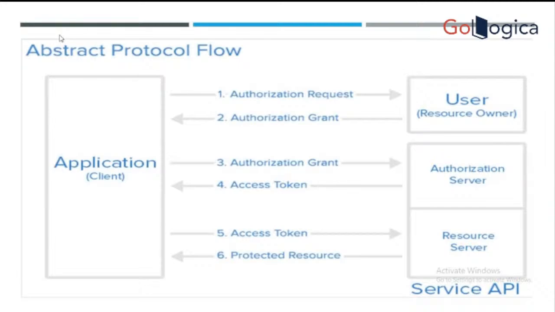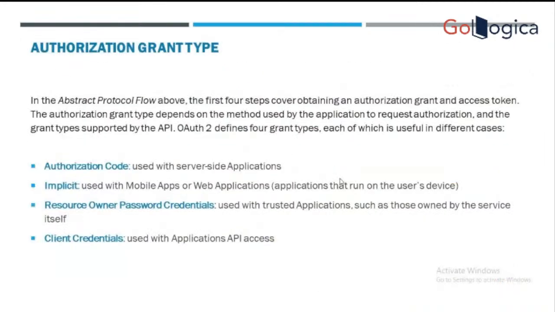Now the things come to the authorization grant. What grant is supposed to be required or responded with, or you can say what type of grant an application requests from the authorization server, and how the authorization server sends back an access token to the client based on the grant type. So we have four types of grant types.